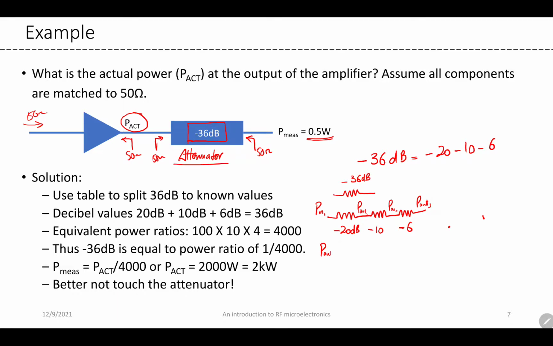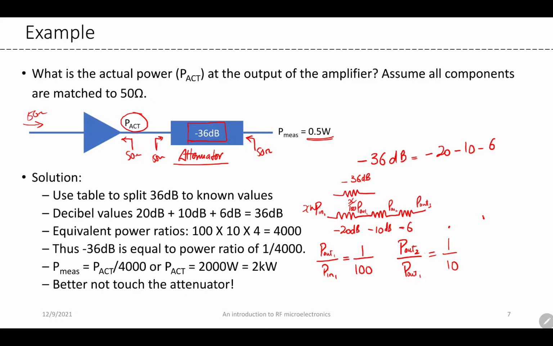So P out 1 by P in 1 would be, as we saw from the table, minus 20 dB. So it will be a reduction by 100. So if this is X watts, this would be X by 100 watts. Similarly, P out 2 by P out 1, which is minus 10 dB. So this would be a ratio of 10.